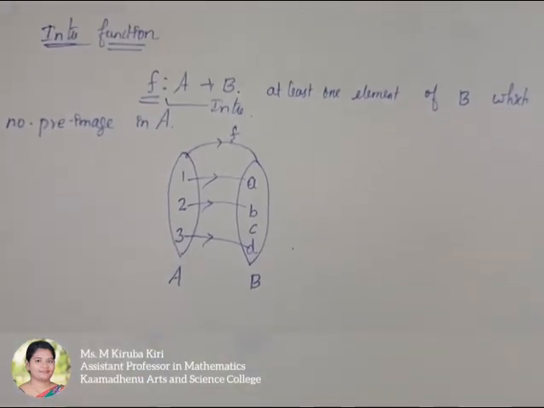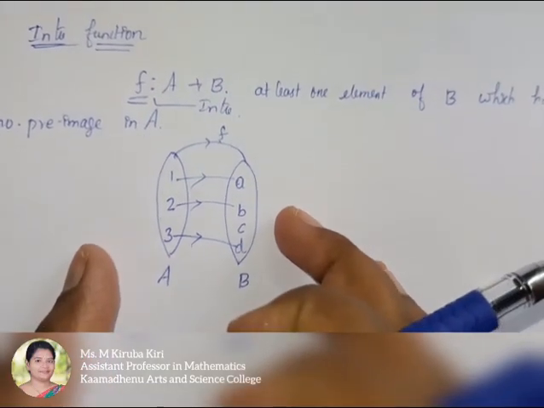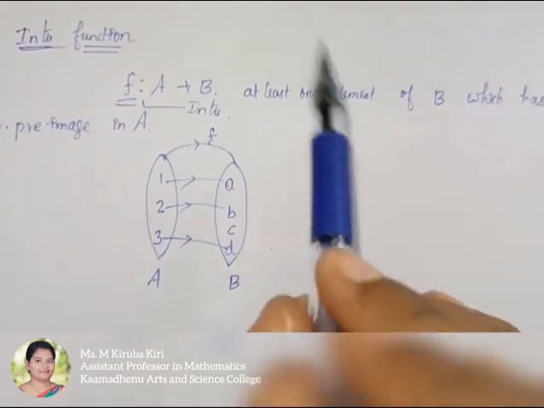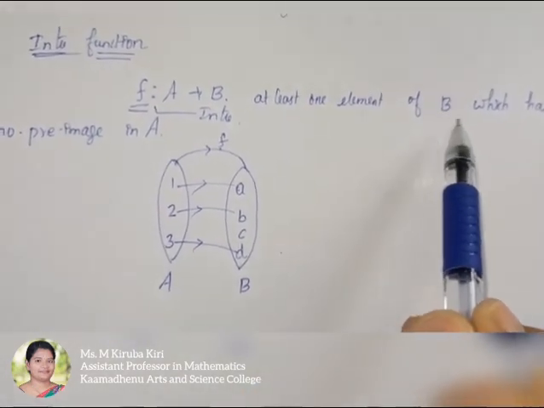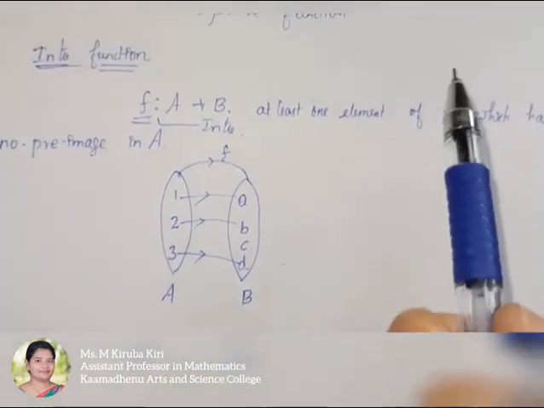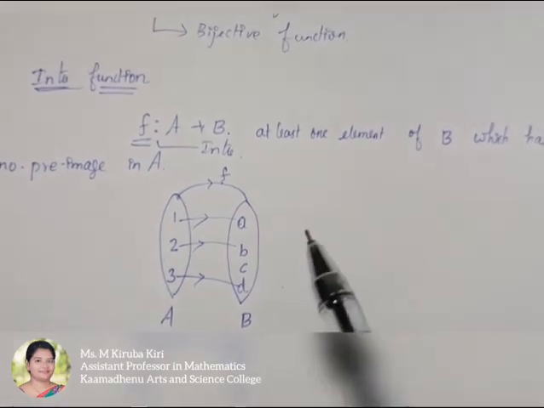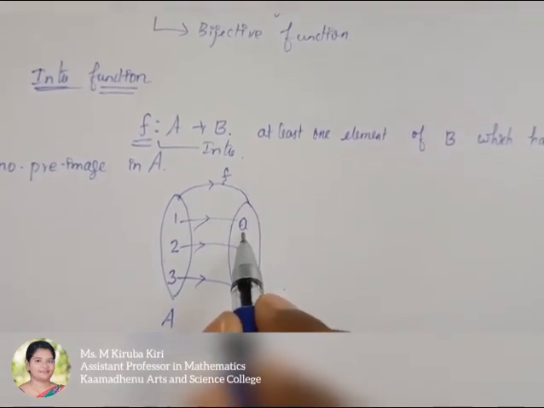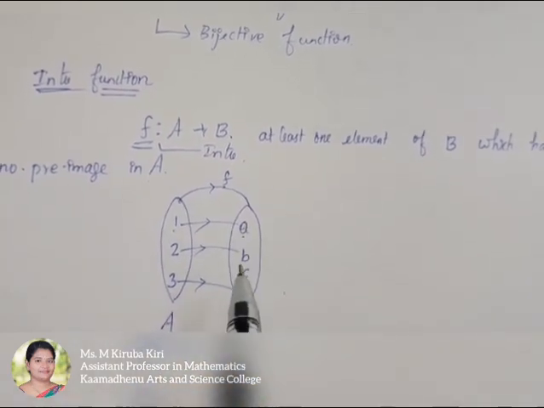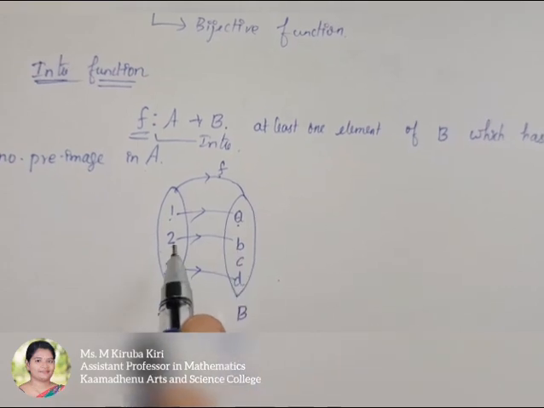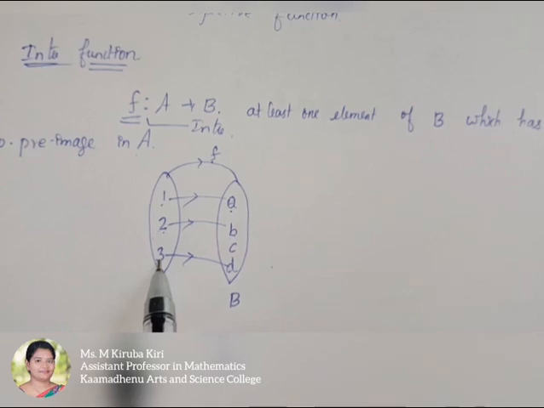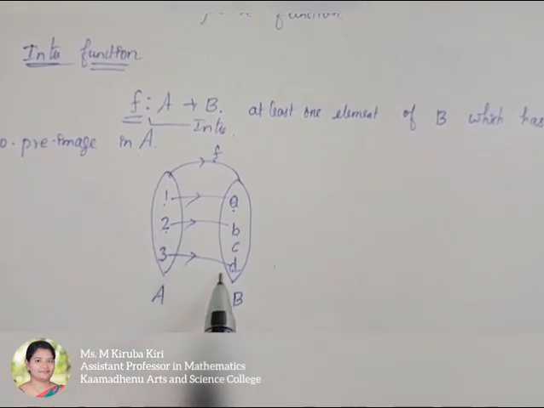Now we need to check whether this function is into or not. How do we check? There is at least one element of B which has no preimage in A, then only f is an into function. Here a is related to 1, so 1 is the preimage of a, b is related to 2, and 2 is the preimage of b, and d is related to 3, and 3 is the preimage of d.